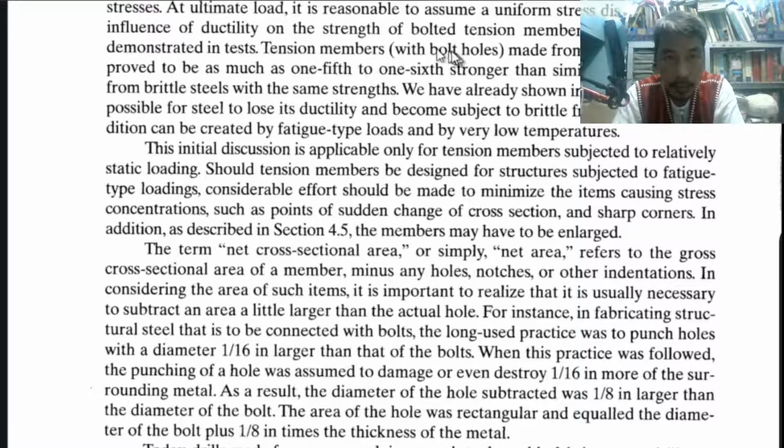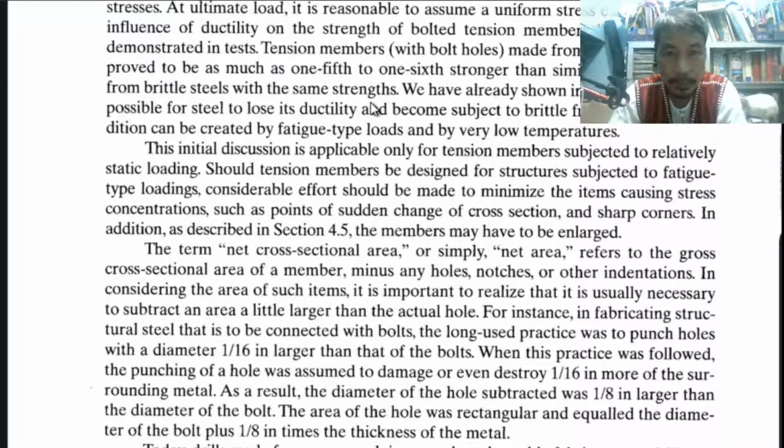Ductile steels are proved to be as much as 1/5 to 1/6 stronger than similar members made from brittle steels with the same strength. So 1/5 is 20%, 1/6 is about 17 to 18%. So from 17 to 20% is stronger than similar members.